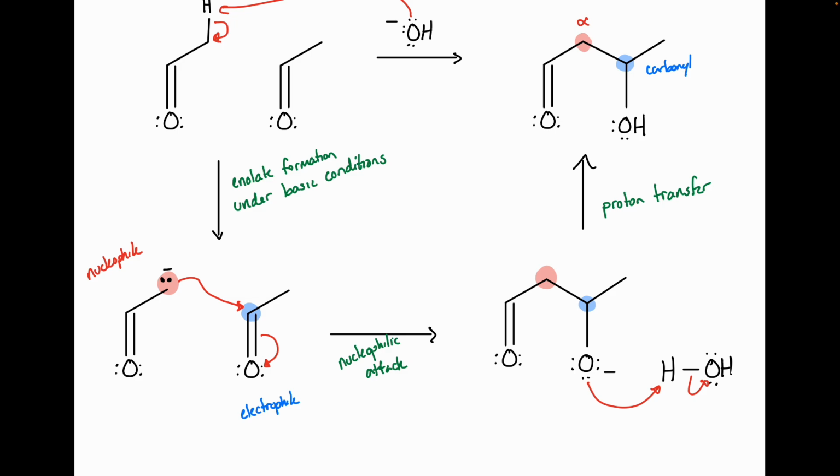Because that carbonyl carbon got attacked, it no longer is a carbonyl bond, a carbon-oxygen double bond, but now that's where my OH group is. That's now a carbon-oxygen single bond.